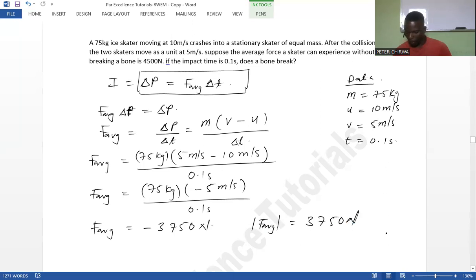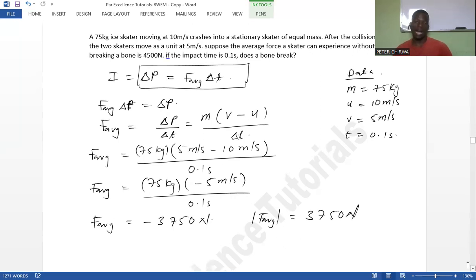So we have found the average force here.